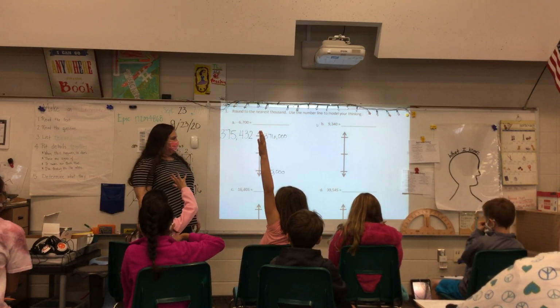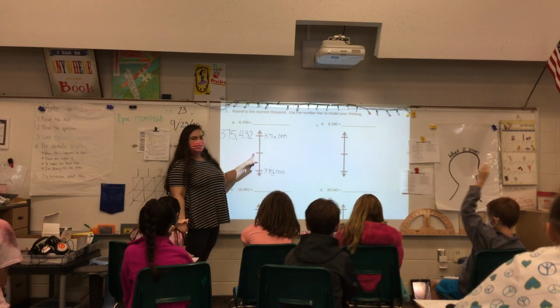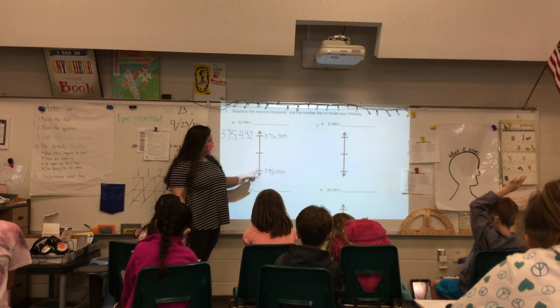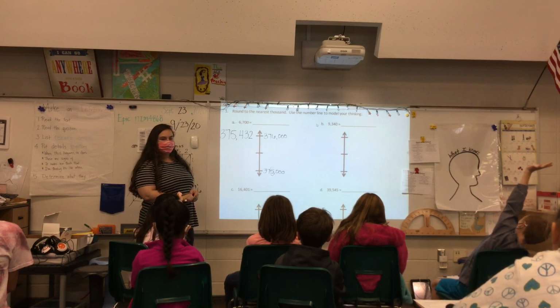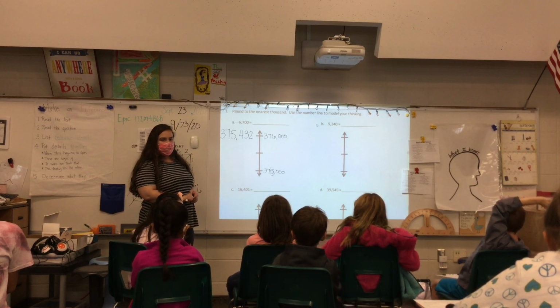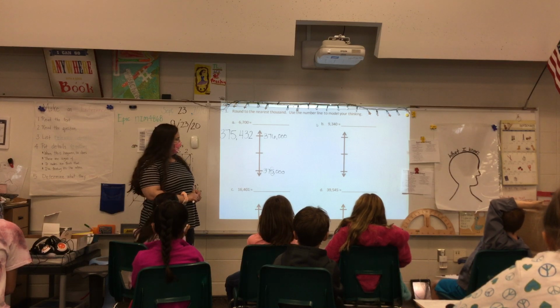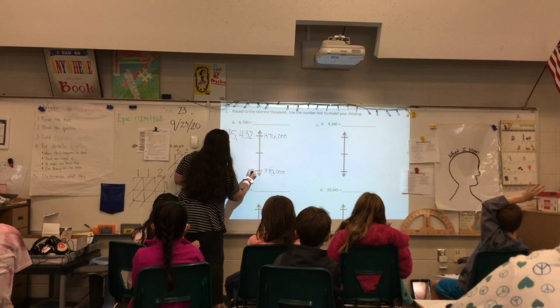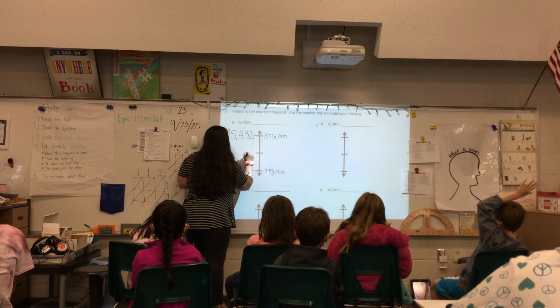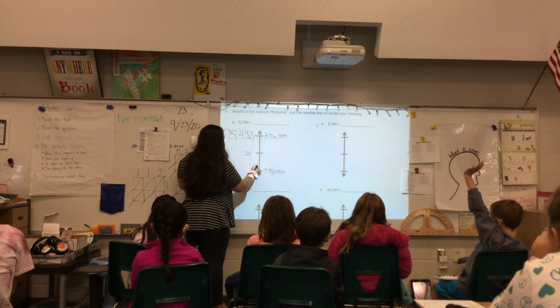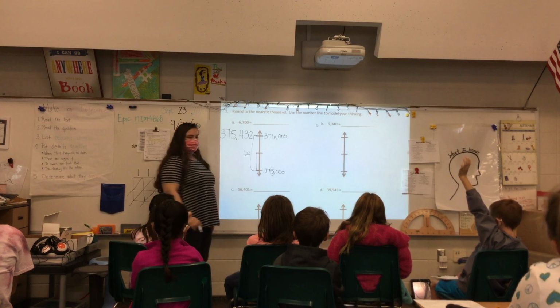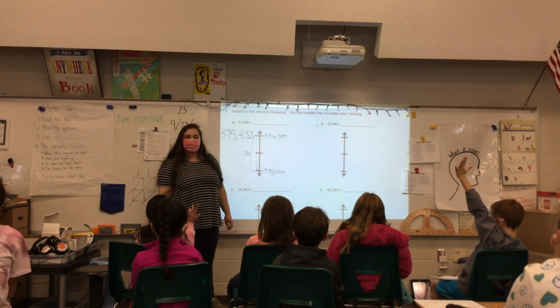What's our midpoint, Kaden, between 375,000 and 376,000? I don't want you to keep raising because it's gonna take 5 minutes. If we go the whole way, we only go halfway. What's half of 1,000?